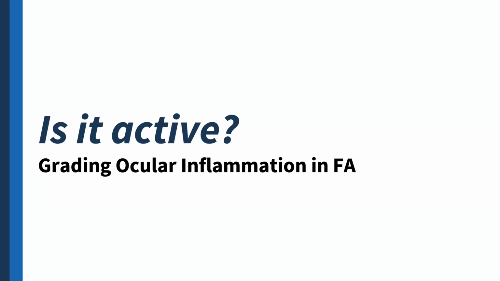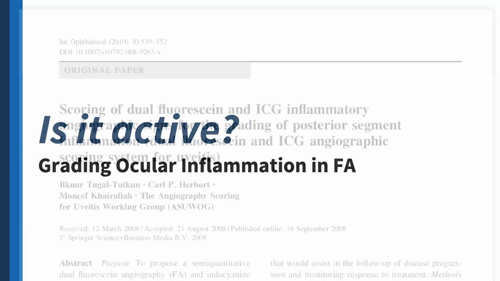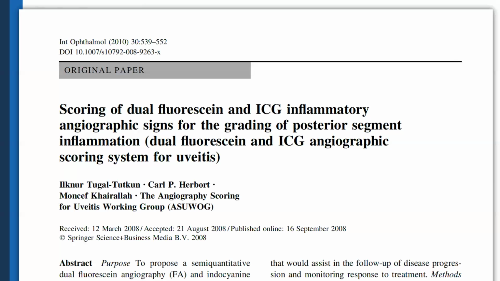But the next question is, is it active? Because you can have inflammation that's active, and you can also have inflammation that's already burnt out. So how do we know that there is active inflammation on FA? For that, this is a nice paper for everyone to read. It's a relatively old paper, 2008.